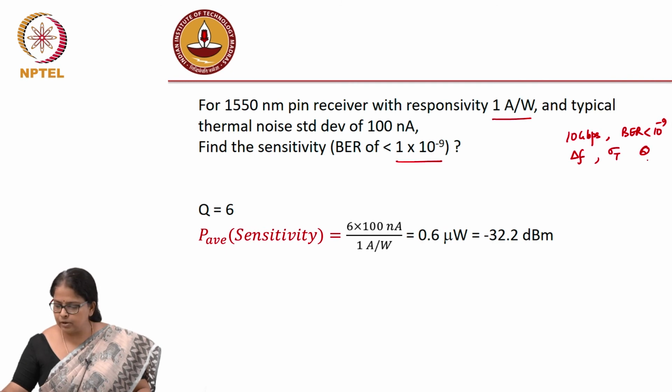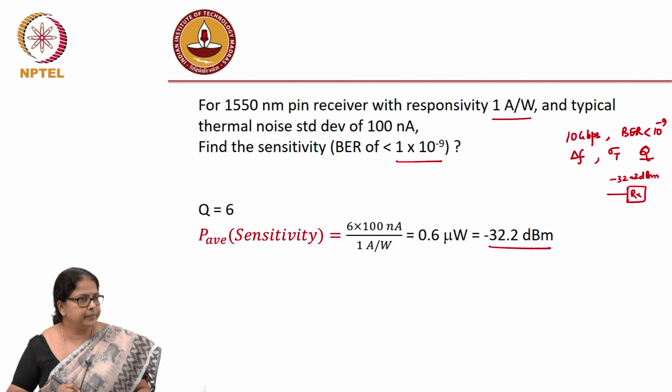So, that fixes your Q, and once your Q is fixed, your receive power is fixed, which means that at the receiver you are going to demand that minus 32.2 dBm of power is definitely required.